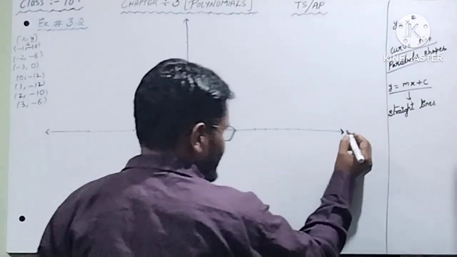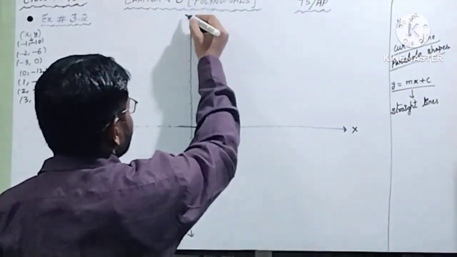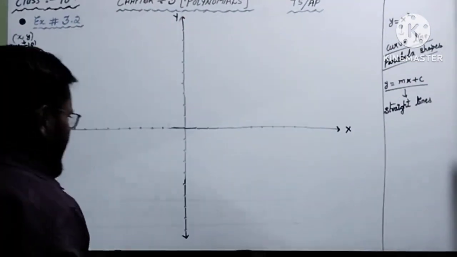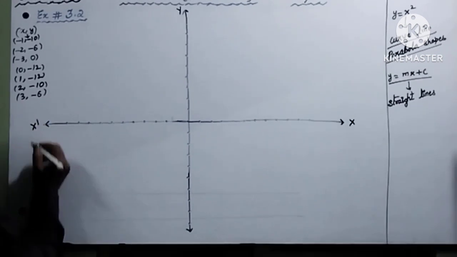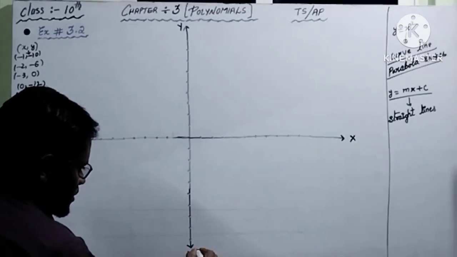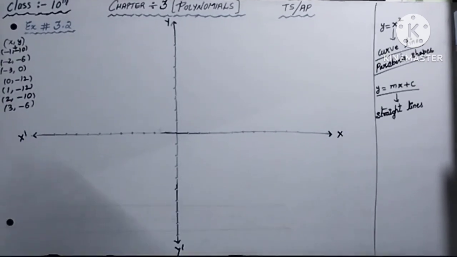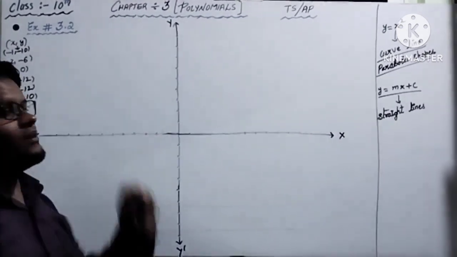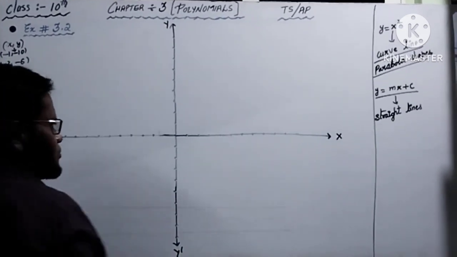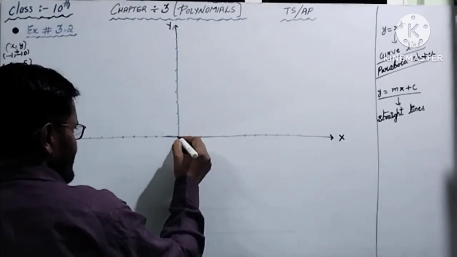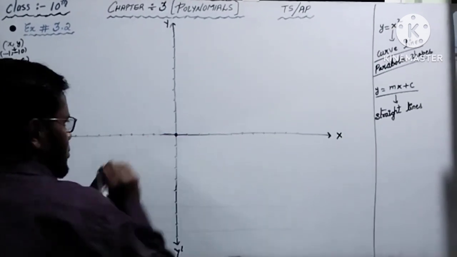Then next, see, this is the x axis and this one is the y axis, and here this one is x naught, and this is y naught. Okay, x naught and y naught belong to negative, and x and y are positive integers. The x and y axes intersect at this point.